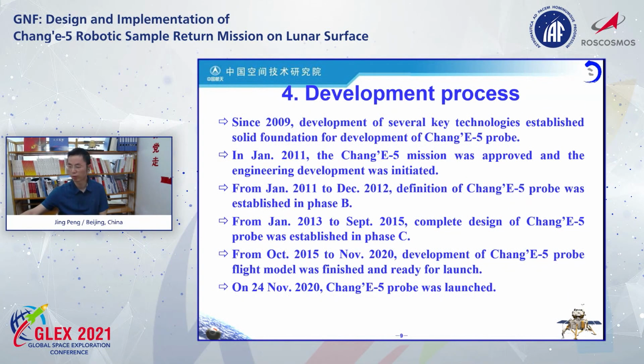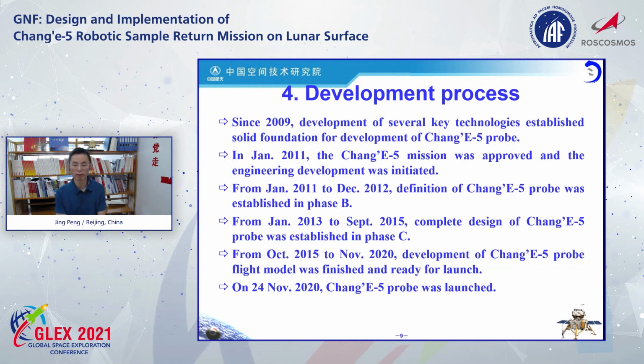Now let's have a quick review of the development process of the Chang'e-5 probe. Since 2009, development of several key technologies established a solid foundation for development of the Chang'e-5 probe. In January 2011, the Chang'e-5 mission was approved by the government, and the engineering development of the probe was initiated.